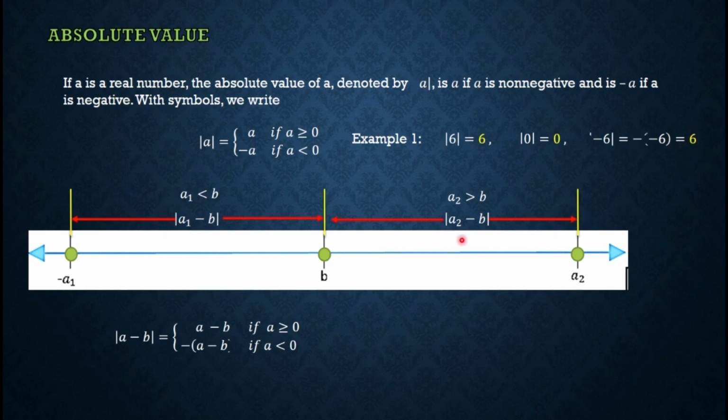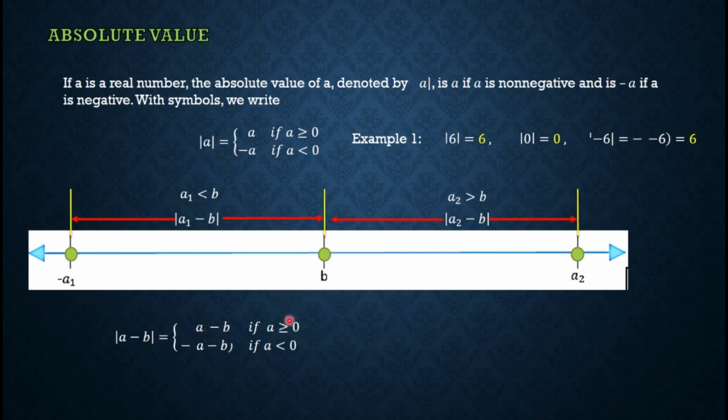From this graph, we indicate the distance left and right. So this is the origin. Take note that the absolute value of a number can be considered as a distance, without regard to the direction, left or right, from the origin. On this figure, as a distance on the real number line, the absolute value of A minus B units can be interpreted as the distance between A and B without regard to direction.